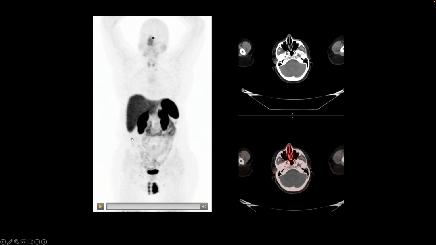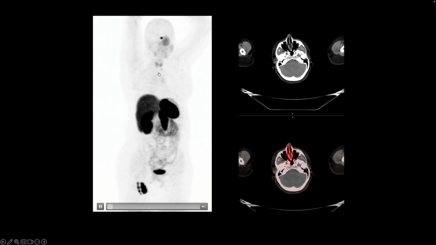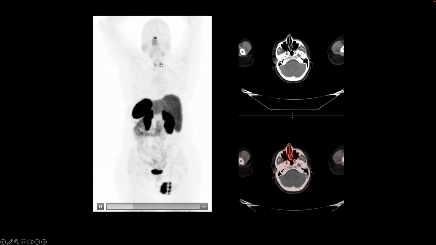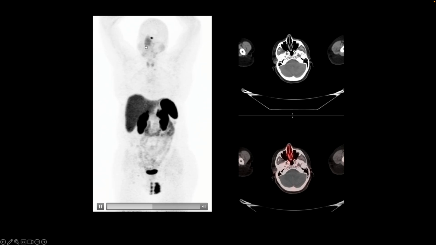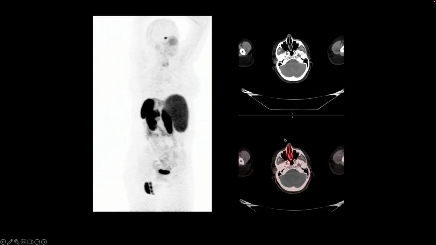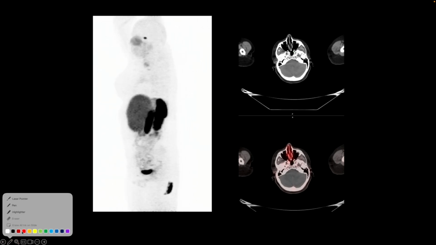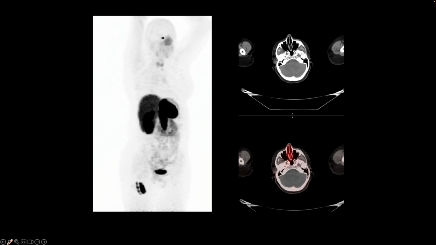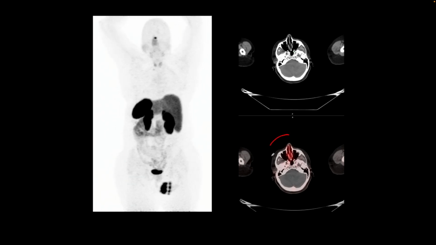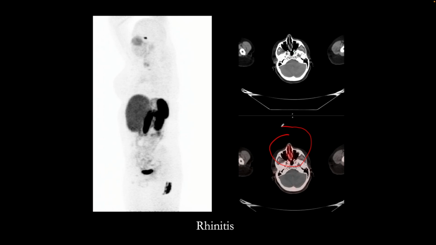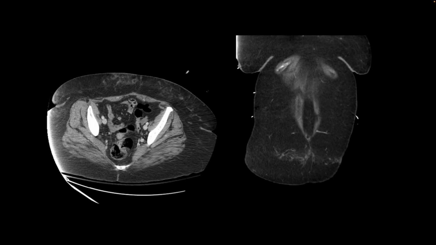And the interesting finding here is some minimal uptake in the thyroid, which can be seen with inflammation or multinodular goiter, and there is uptake in the nasal mucosa, which is also seen here on the cross-sectional images, and this was correlated with symptoms of rhinitis in this patient. So inflammatory uptake of dotatate in the nasal mucosa, and you can see the intensity is mild, and the uptake is not focal to suggest any tumor.